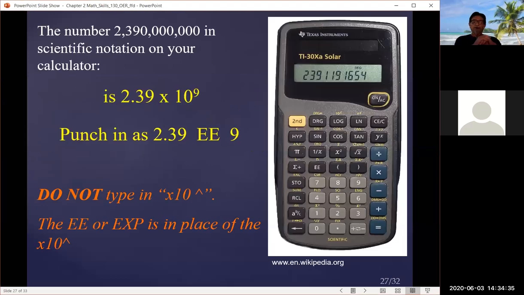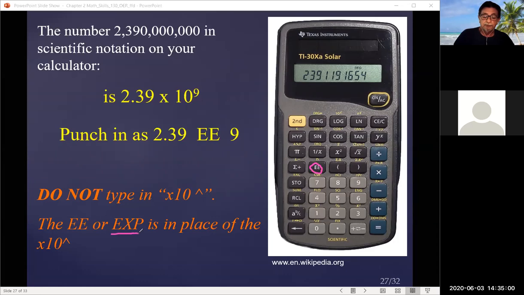Now, how to put it into your calculator? Well, most calculators have what is called the double E button, okay? If you look at this example here, the double E button is right here, okay? You might have a different button.